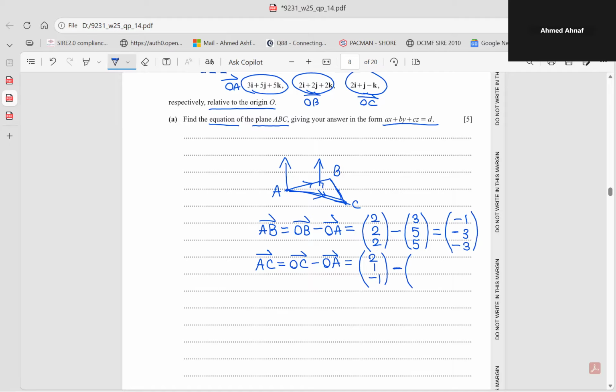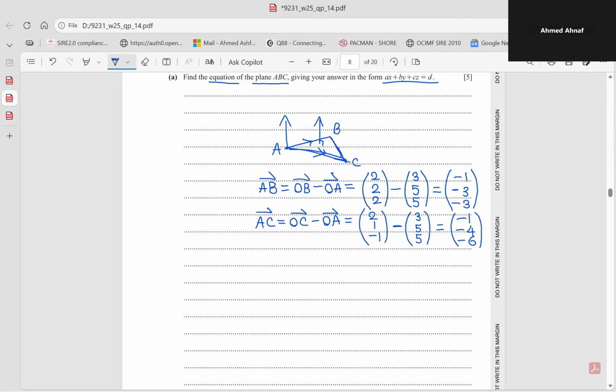OA is 3, 5, 5, which equals 2 minus 3, that is -1. 1 minus 5, that is -4. And -1 minus 5, that's -6. So these are the two vectors that we're going to use to find the normal vector to the plane.